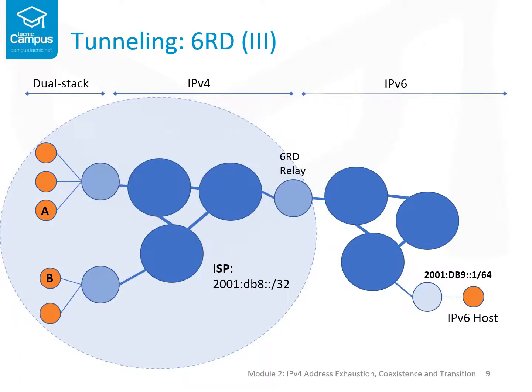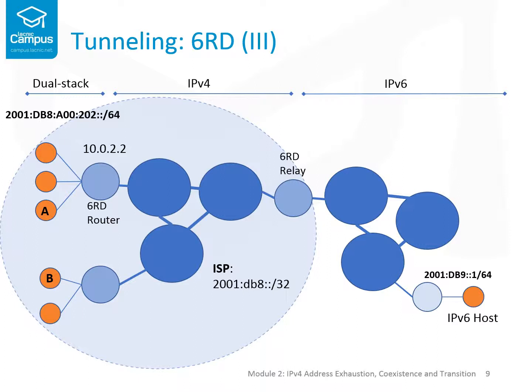Let's take a look at how two 6RD hosts communicate with each other. We have a 6RD router with an IPv4 address 10.0.2.2. We convert this address to a hexadecimal notation and append it to the IPv6 prefix used by the ISP, 2001:DB8/32.